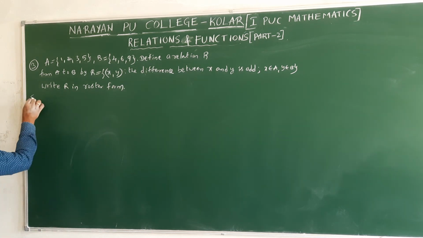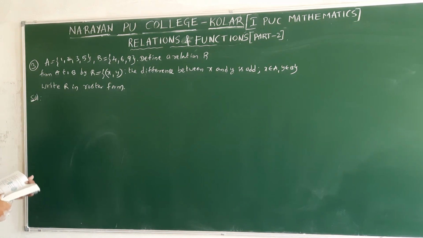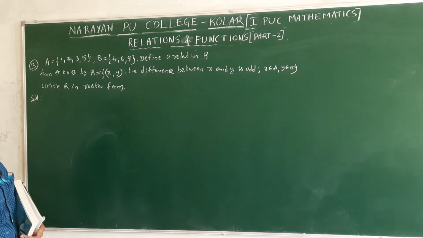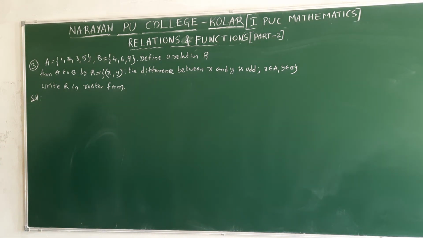Only R we need to write. The difference x minus y must be an odd number. X we take from set A, y is from set B.